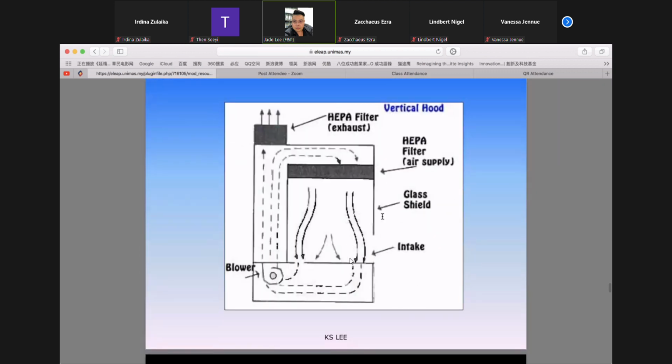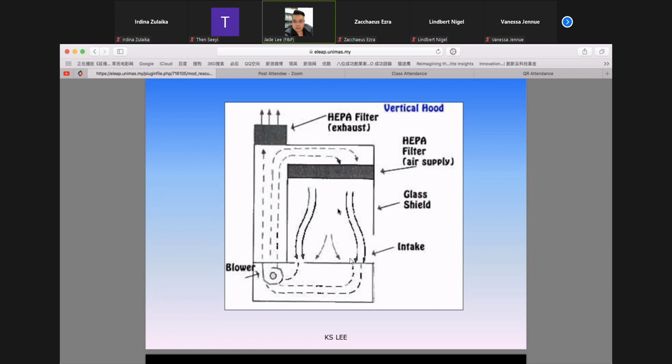If you look at this, you can see that we have two HEPA filters. This is the ventilated, circulated type. There are two HEPA filters here. When the air is blown outside from the exhaust, it is also filtered by a HEPA filter.